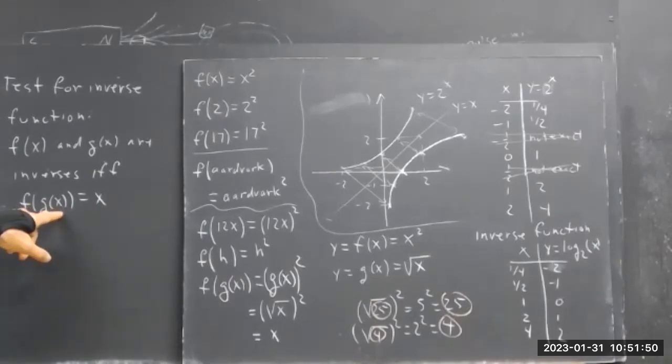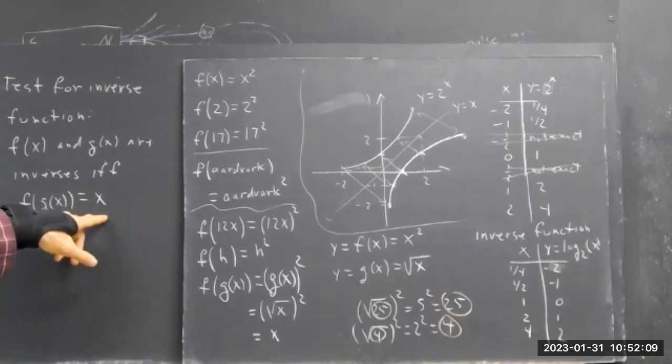Now, x is an input to the g function, right? So the g function outputs some value. It's now the input to f. Whatever you put into g gives you a number, and you put that into f and you get back to your original number. F undoes whatever g does.